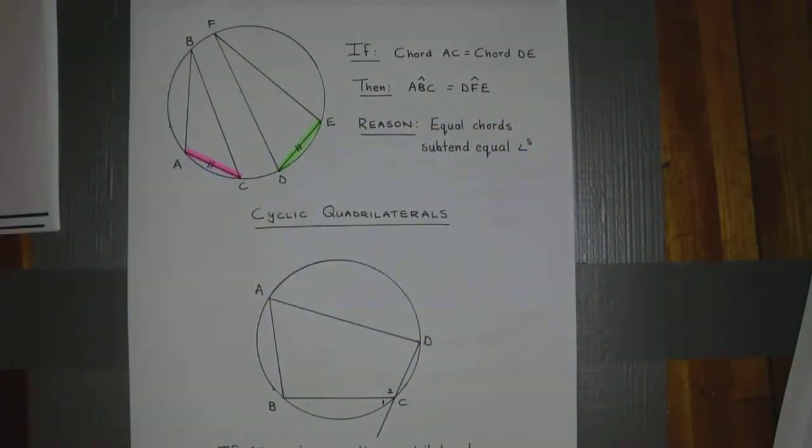Now that's not the same chord, but they are given as equal. So equal chords will subtend equal angles in the same circle. Obviously, it can't be two different circles. So equal chords will subtend equal angles on the circumference of the same circle.